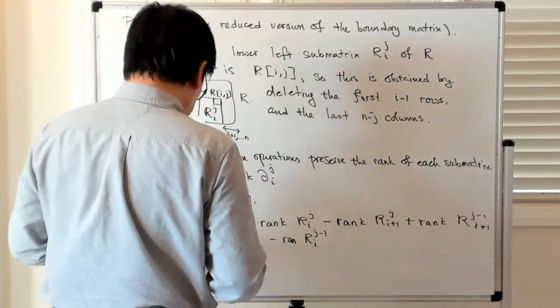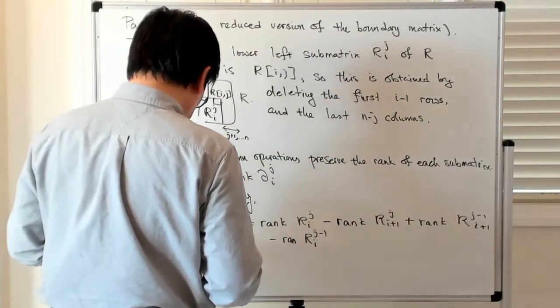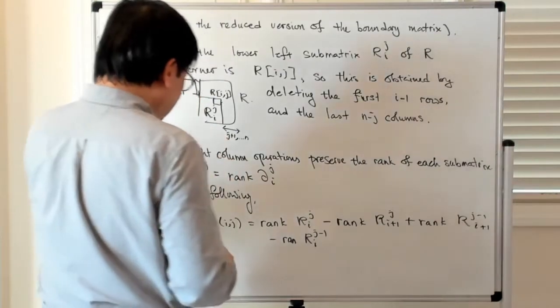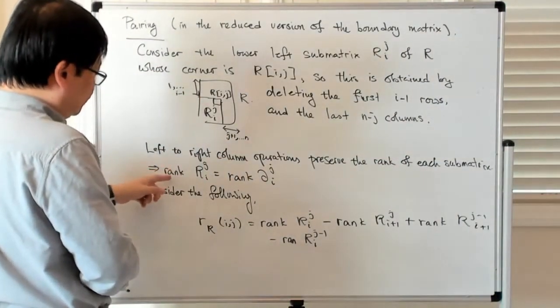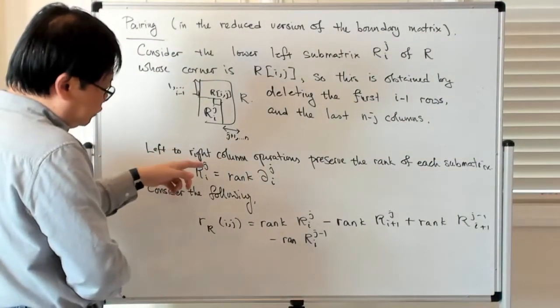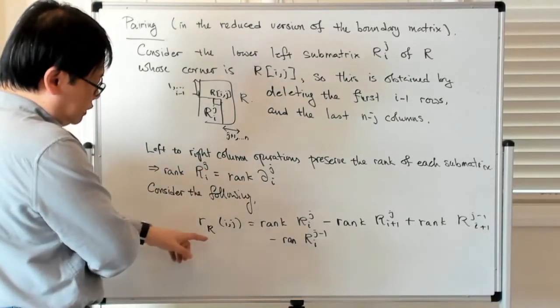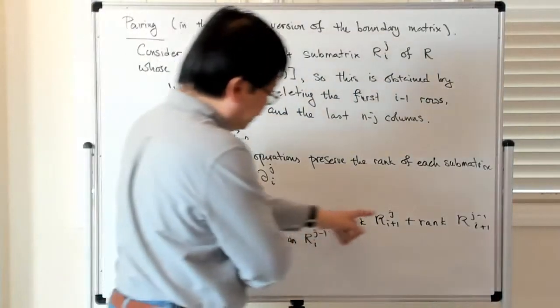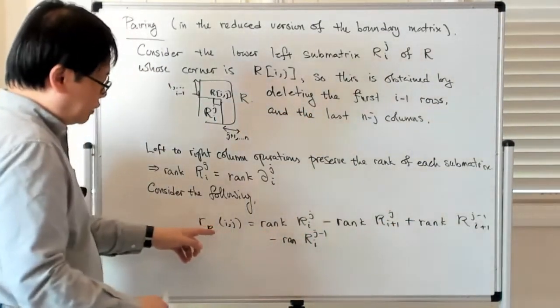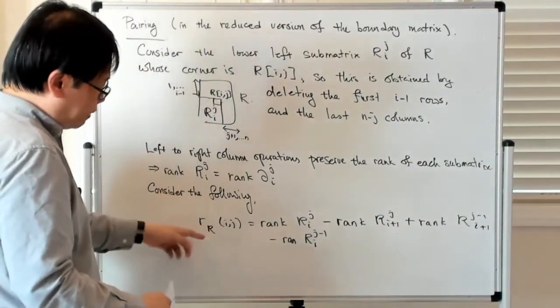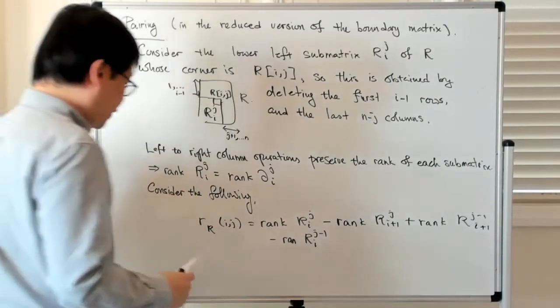Okay, so let's say the following. The observation is that the ranks of these submatrices are respected by column operations. That means that if I define the same kind of thing, where instead of R I have the boundary matrix, I would get the same thing.